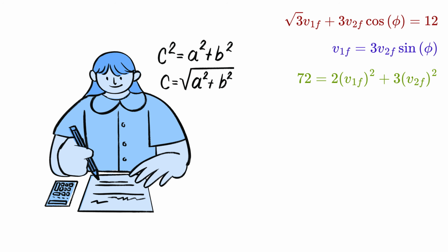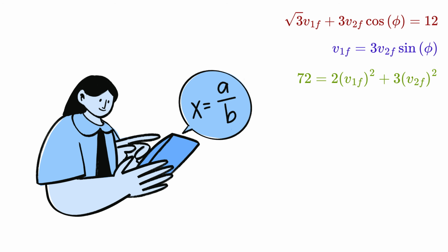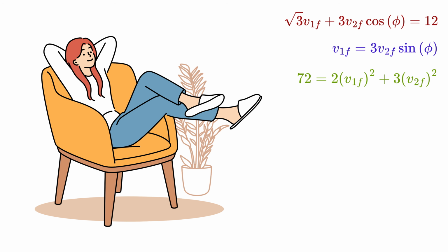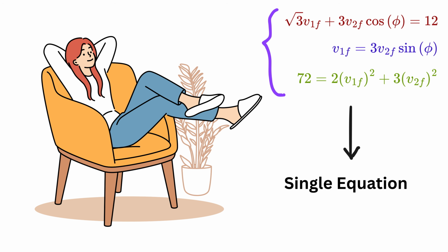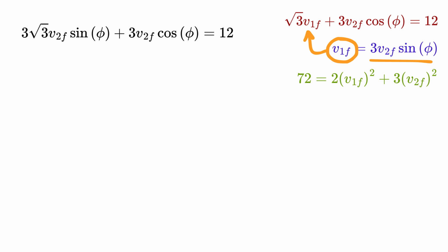See, this is where solving math questions is so important, because it trains us to connect equations step by step and reach the final answer logically. Don't worry, using the magic of math, these equations will be reduced to a very simple single equation. Just bear with me. First, substitute this v1f here to get root 3 times this, or 3 root 3 v2f sine phi plus 3 v2f cos phi equals 12.